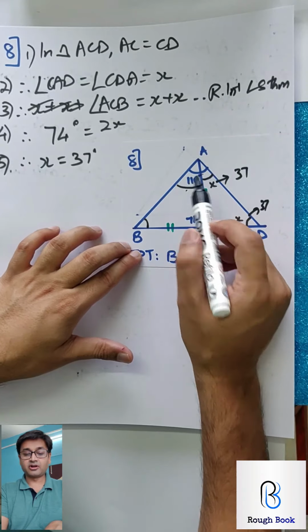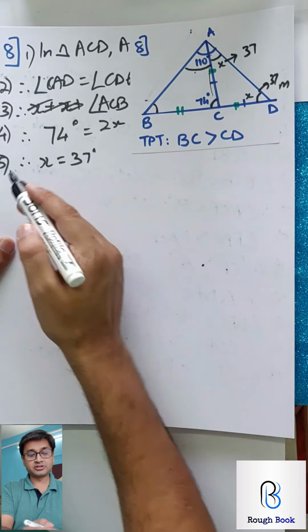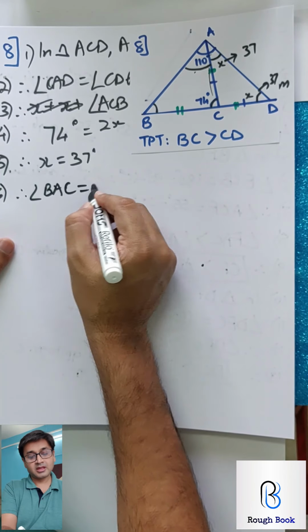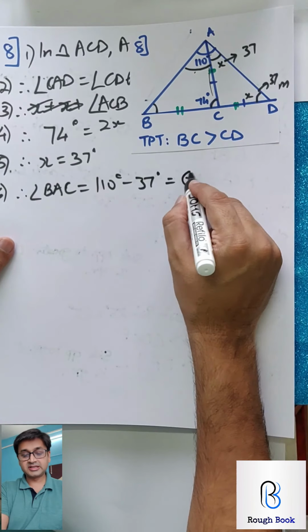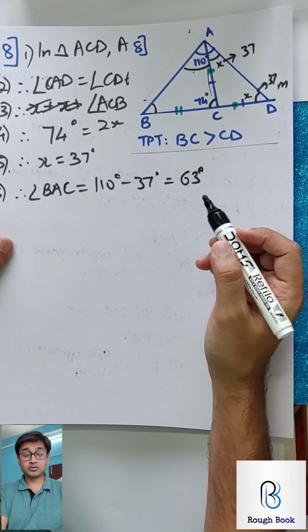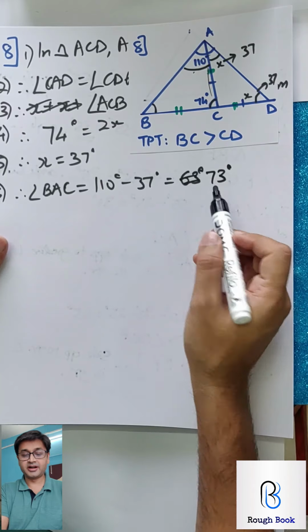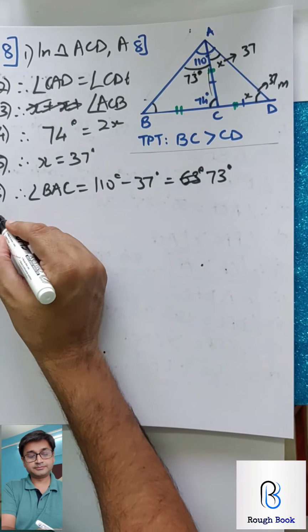And this is 37, from 110 I'll subtract and get BAC. So therefore step 6, angle BAC is equal to 110 minus 37, so that becomes 73. Now get this one.